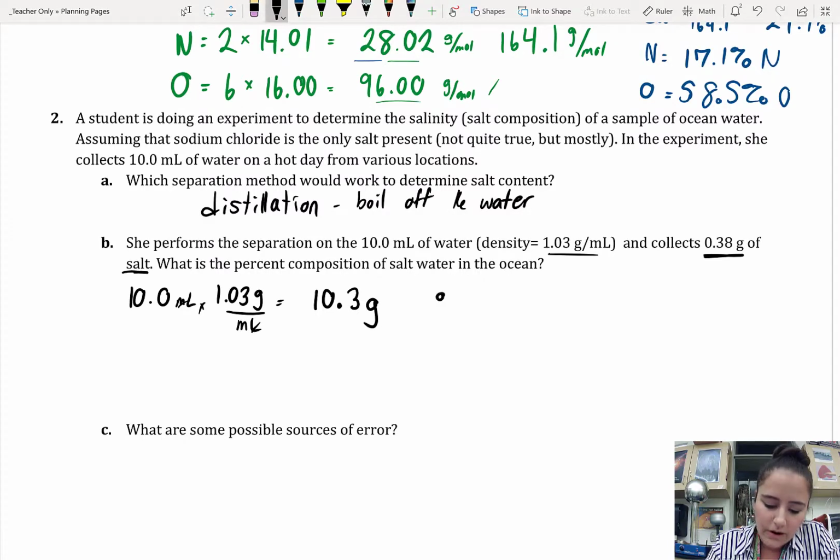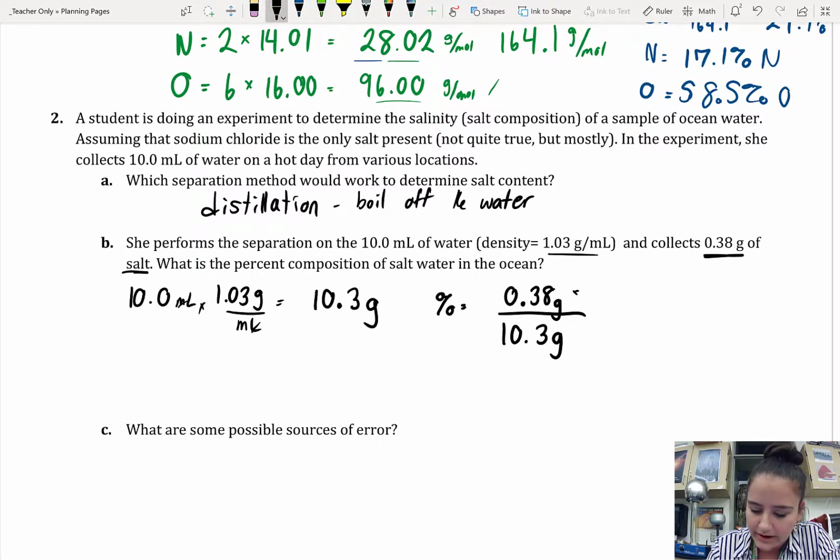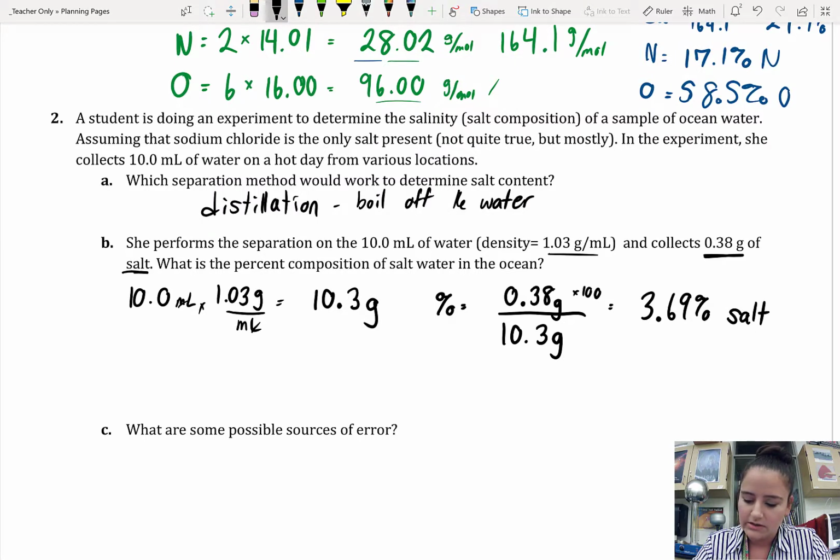So to figure out our percent, it is just going to be the salt, 0.38 grams of salt over the whole sample, which was 10.3 grams, times 100 in order to get it in percent form. And we get that that sample was 3.69% salt.